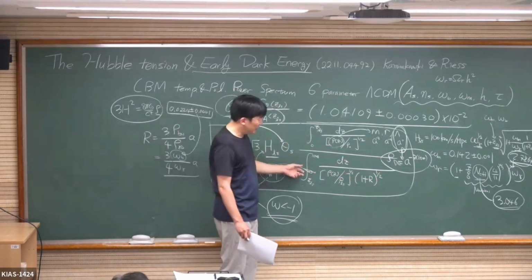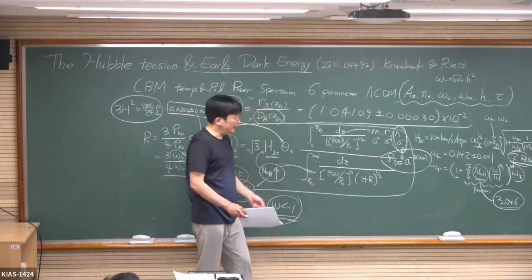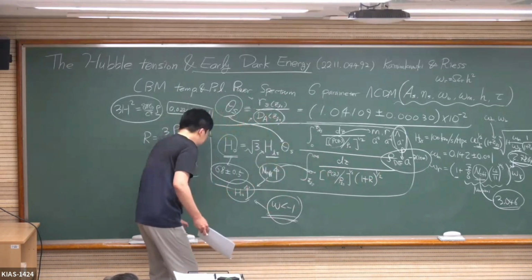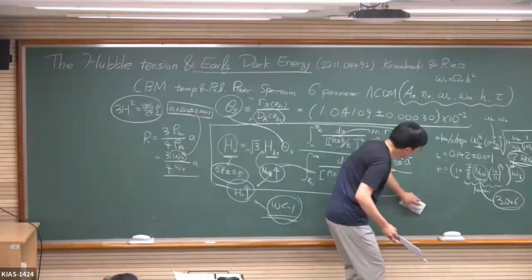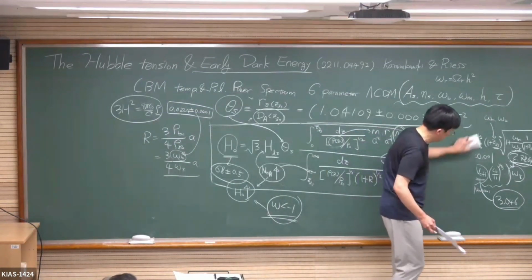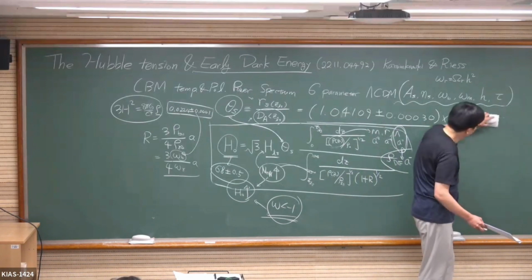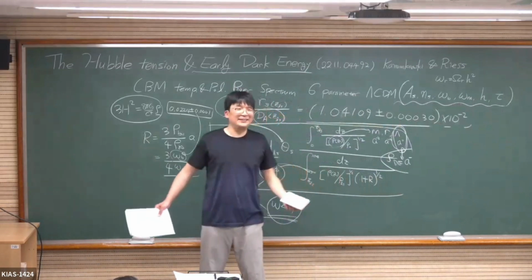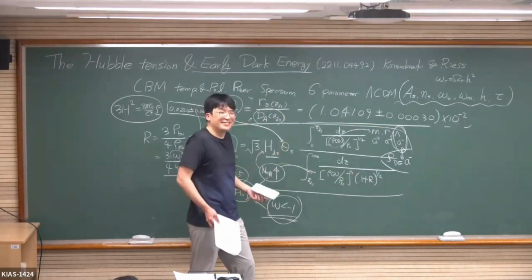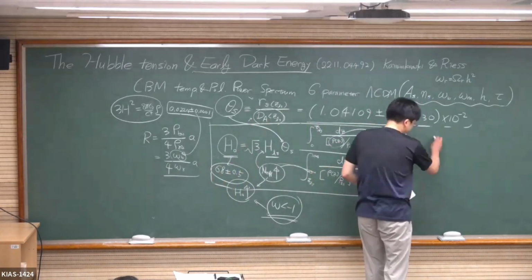You add something to the denominator of the integral, and that's what they did. It's a little ad hoc, but when I complained, Mark told me that someone at IAS said there's some great reason to believe that there's dark energy early on. Then you can say that that's natural.